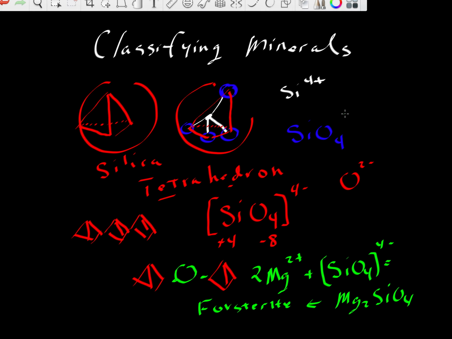So the bottom line is that all of the minerals that have these SiO4 units are part of a group called the silicates.